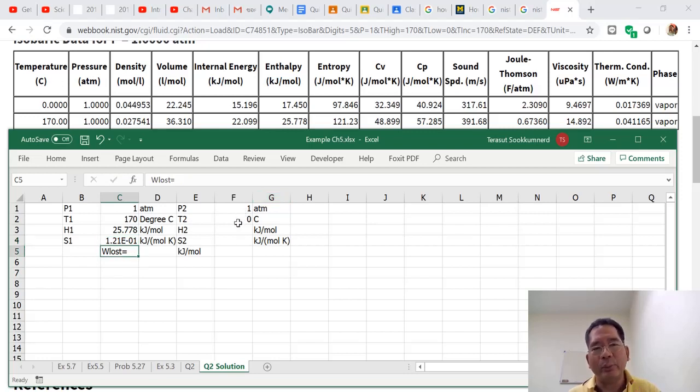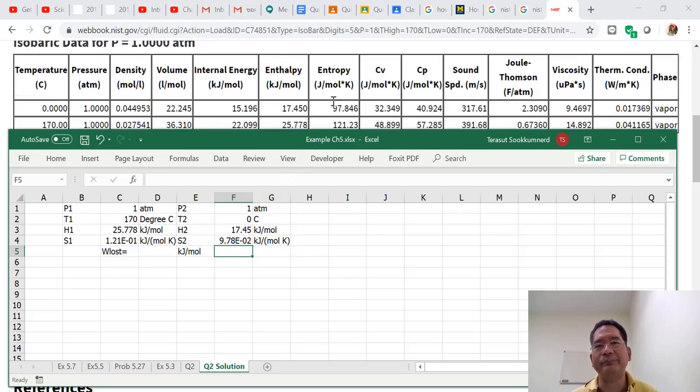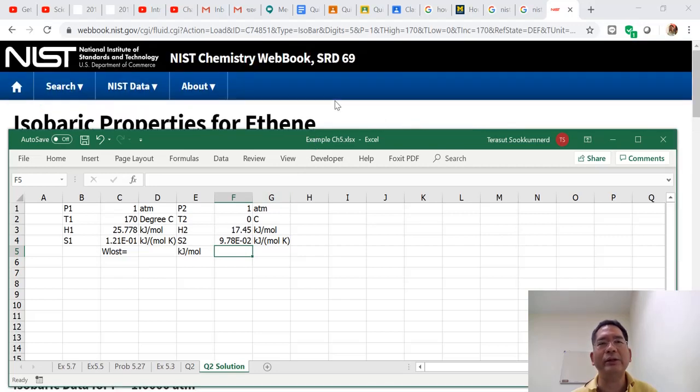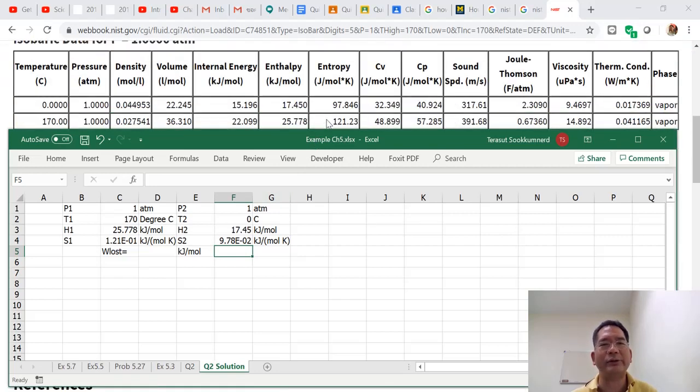And when the temperature is 0 degrees Celsius, the enthalpy is 17.45 and the entropy is 97.846 e to the minus 3, which means divided by 1000. Okay, this is for heating. Okay, of course, it's correct.